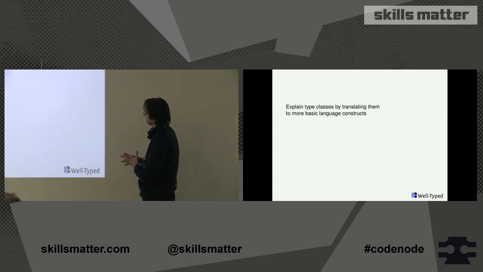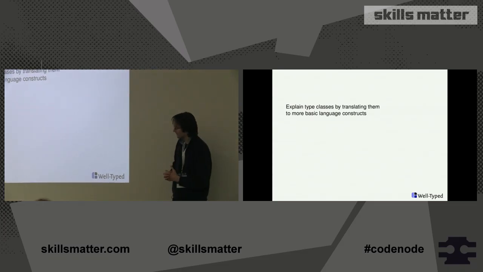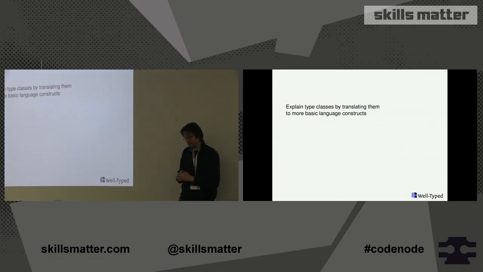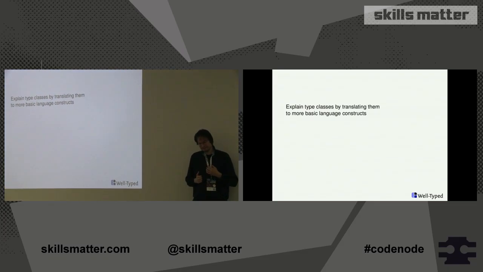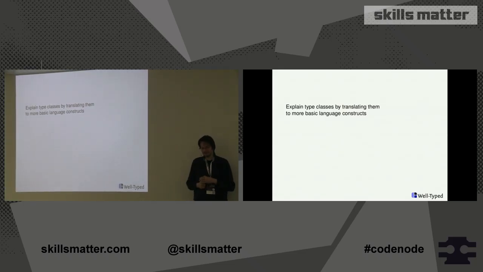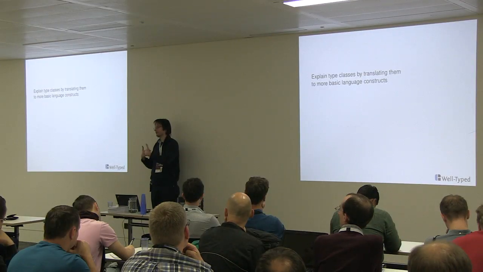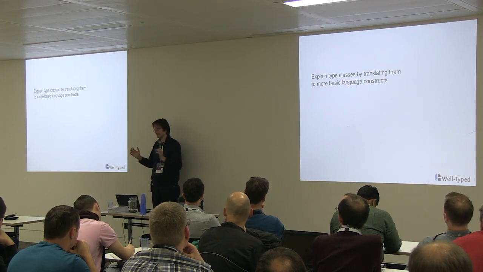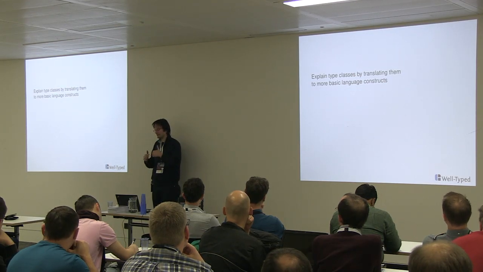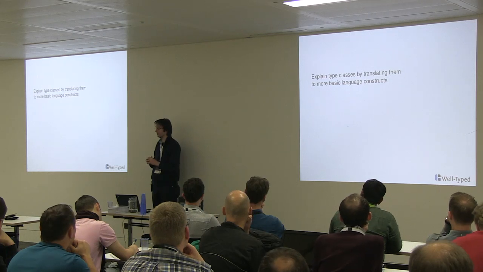So the idea here is what we are going to do in this talk is similar to what GHC is doing, but not quite, because GHC is performing the type class translation at the same time as a lot of other translations. So GHC is first type checking a Haskell program and then translating it down to core.